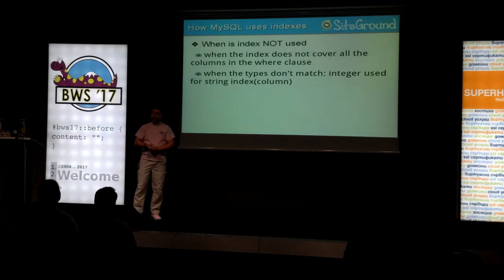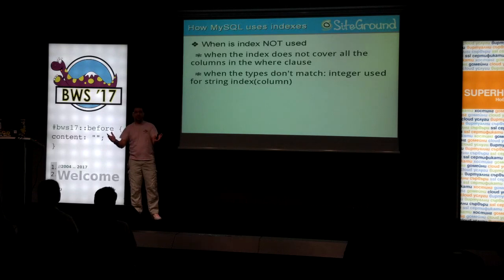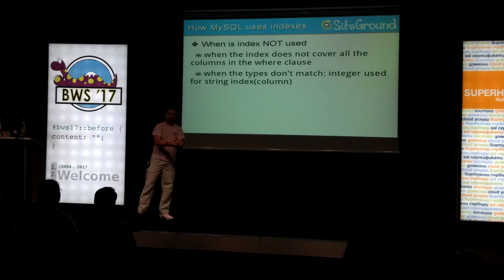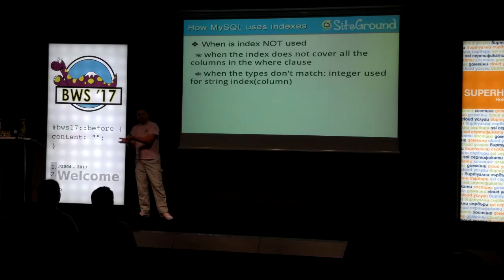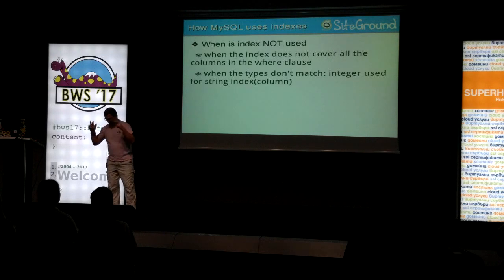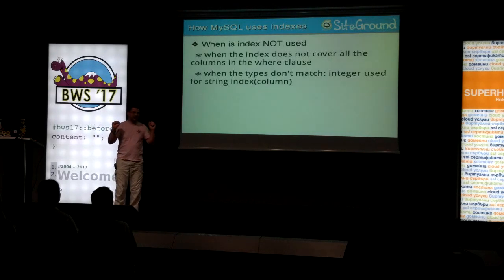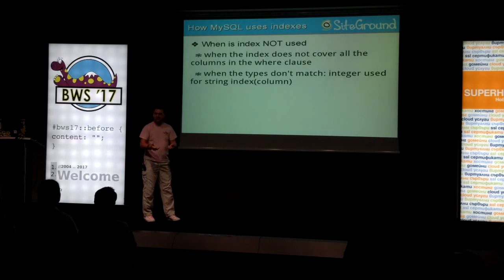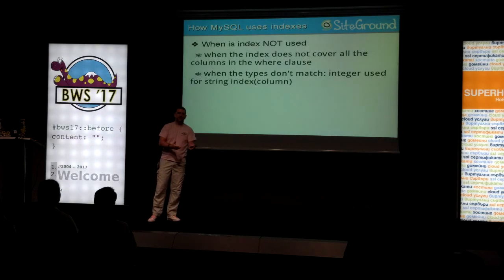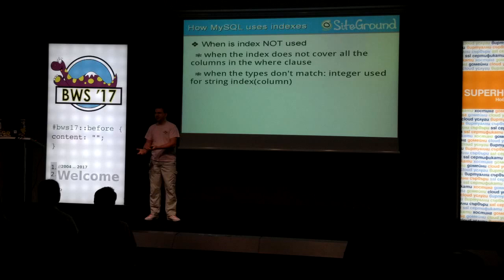Usually this is not very obvious, simply because most people say, okay, I will never query my integer column with strings, right? Unfortunately, some people forget that there are quotes, and when you quote an integer, it's now a string, it's not an integer, and now you're not using your index at all.